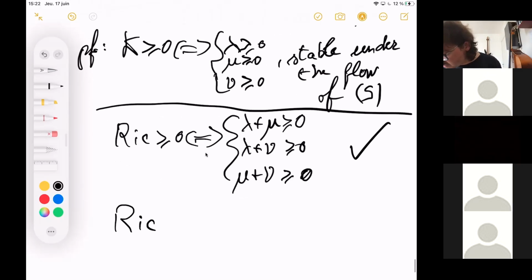Okay, so this is preserved too. The same thing goes for, and this is more interesting maybe, for this, with C less than 1/3.